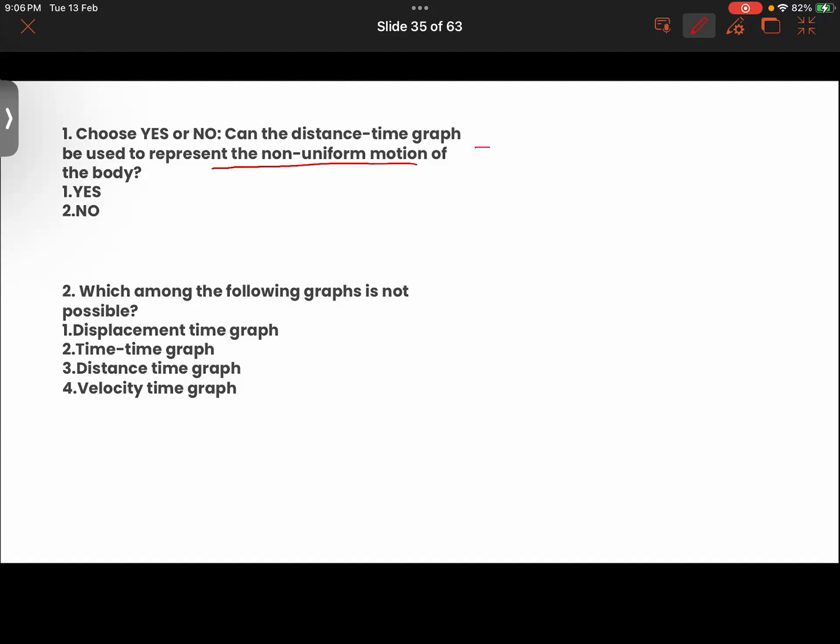Sir, it's yes. Okay, Sundar, do you also agree? Yes. Next one. Which among the following graphs is not possible? Sir, the time graph. Exactly, because a graph has to be plotted between two different values.